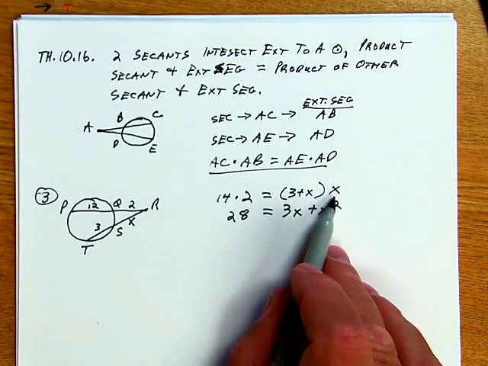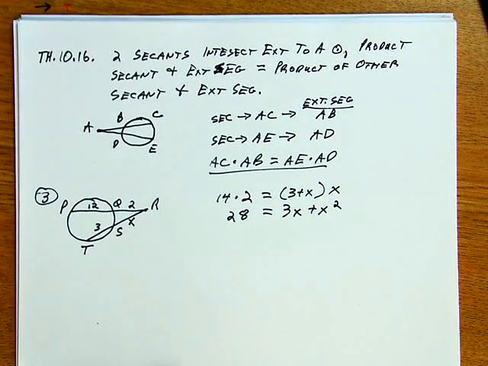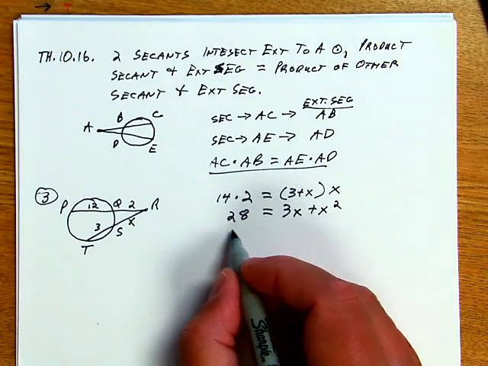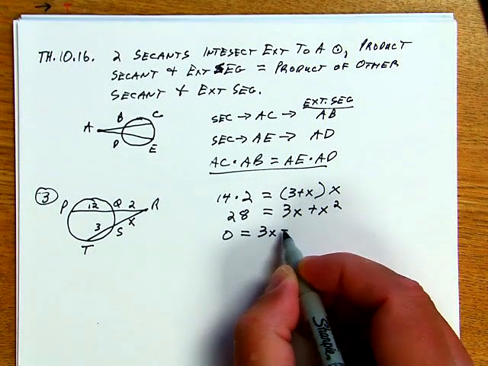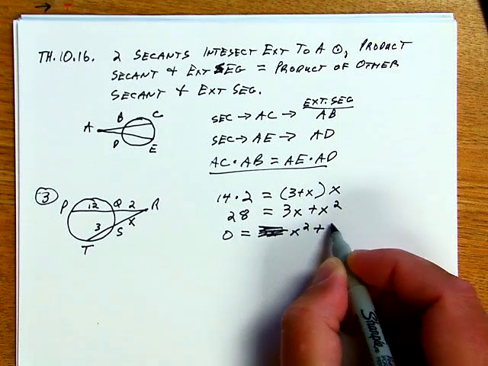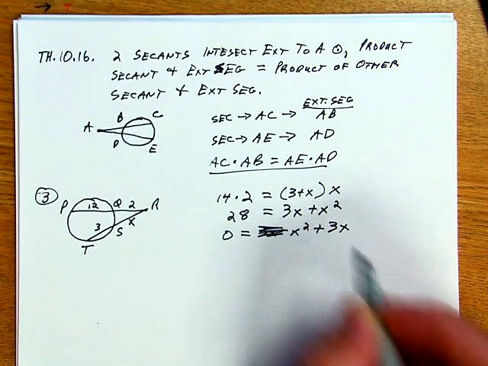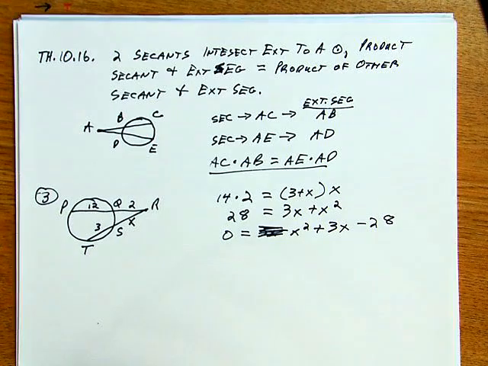So I just took the x and used the distributive property against 3 plus x. Okay? I now then subtract 28 from both sides. Let's write it in x squared first, plus 3x. I just rearranged the order of those two, and then I subtracted the 28 from both sides.